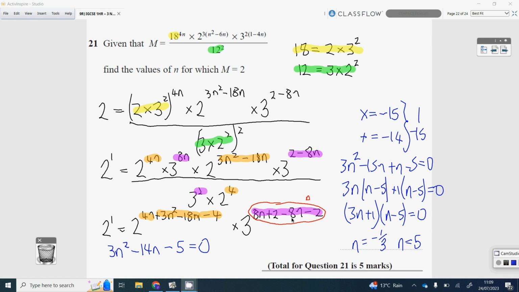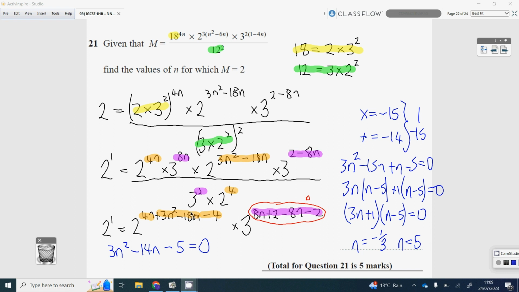So we're just multiplying by 1, so all of this bit here effectively disappears, just leaving us with 2 to the power of all of this equaling 2 to the power of 1. Now if we gather all of this up, we've got 3n squared minus 14n minus 4 equaling 1.